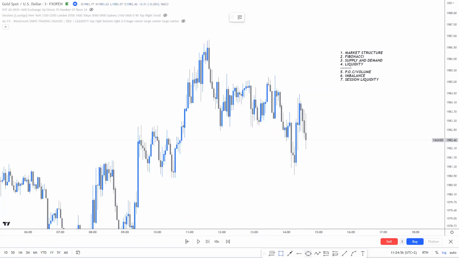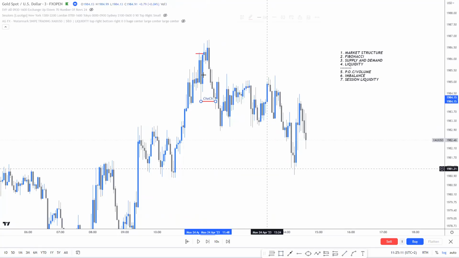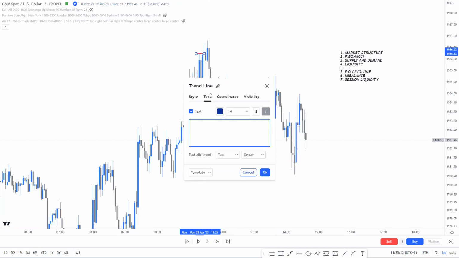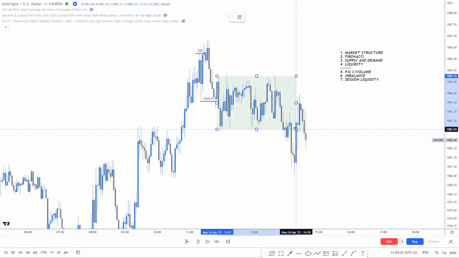Price took out this external liquidity, gave the change of character, price consolidates.